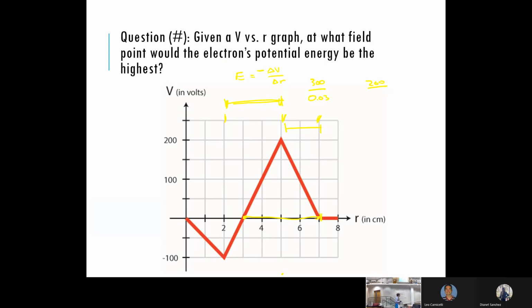Yay, nay? Can you say that one more time? Yeah. The relationship between the electric field and the electric potential is you look at the slope of the electric potential per distance.